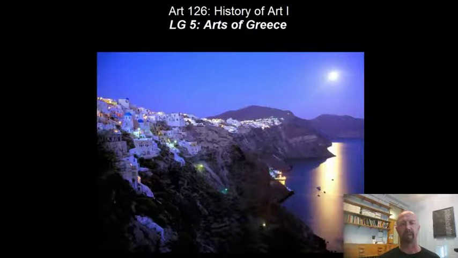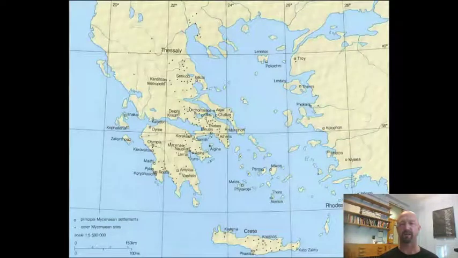So with that in mind, let me give you a little history before we get started. What you're looking at here on the screen again is a picture of contemporary Greece, a little bit different picture, of course, than Egypt or Mycenaean culture or obviously the Aegean cultures. And here's a map of the area that we're talking about.